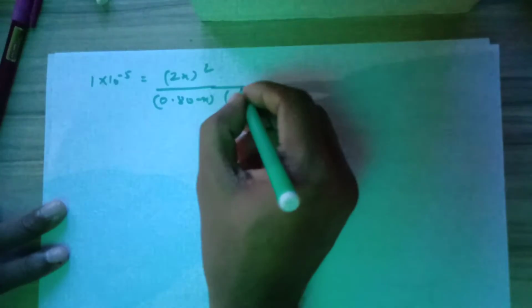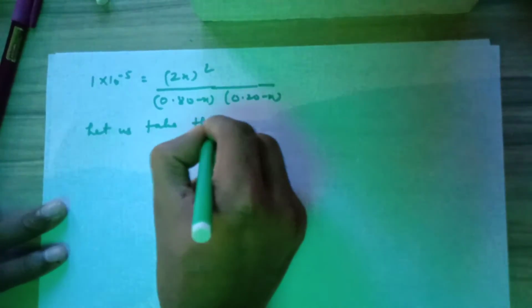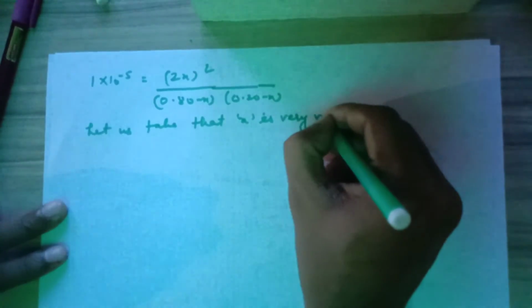Now moving forward, Kc will be 1 into 10 to the power minus 5, while NO will be 2x whole square, and N2 will be 0.80 minus x, and that of O2 will be 0.20 minus x. Now let us take that x is very small.